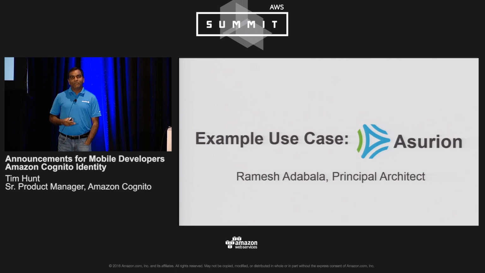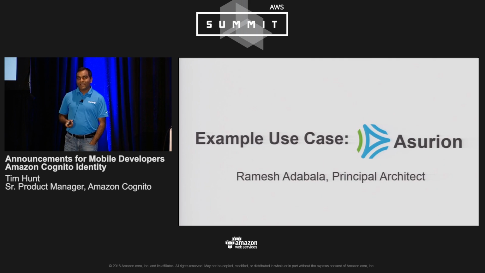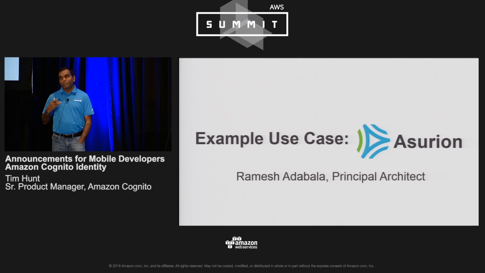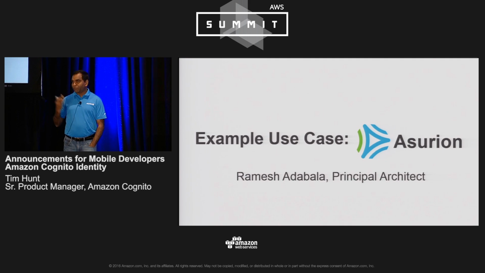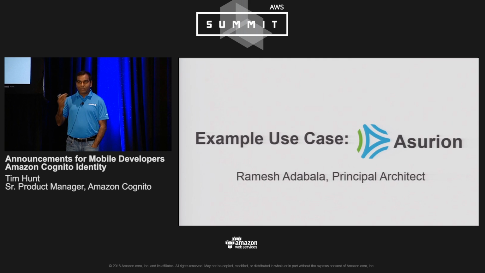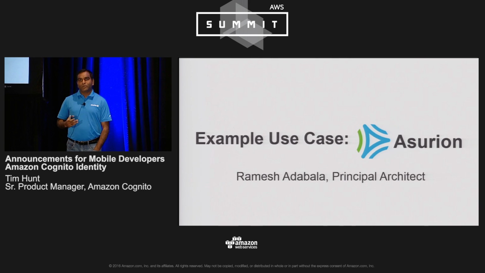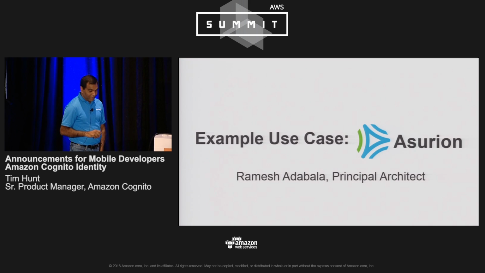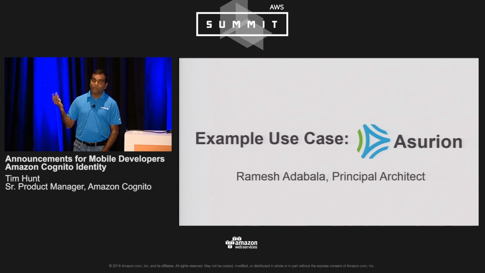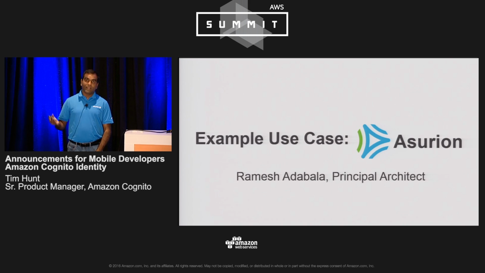But we work with all the major wireless carriers across the globe, and we provide all our products and services, such as cell phone insurance and premium support services, through these major carriers. Within the US, we work with AT&T, Verizon, Sprint, Cricket, all these carriers. In Japan, we work with Docomo.